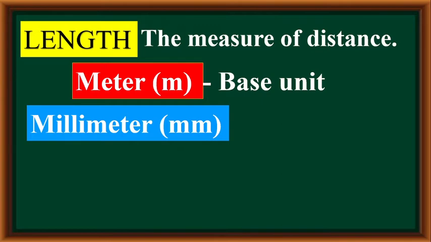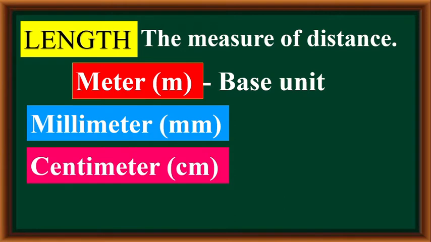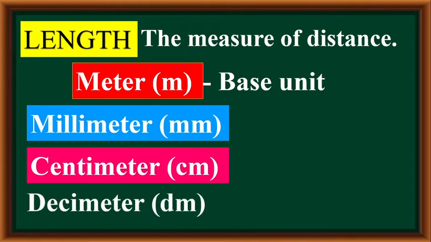Examples of units in the measures of length. We have millimeter, in the symbol of mm, centimeter, cm, decimeter, dm, pinagsama natin yung prefix at saka yung basic unit. Kaya nabuo yung millimeter that is taken from Greek prefix, milli, and then we have meter, the basic unit in length.